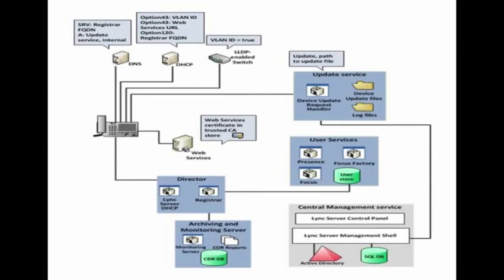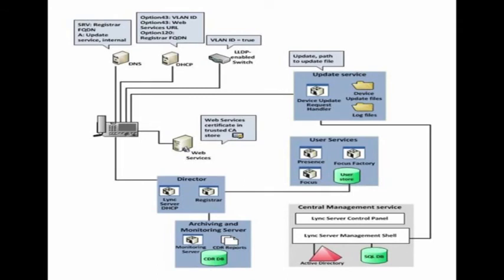Your DNS server also requires entries for your pool identifiers, so we have A records for your pool, for your servers in the pool. It also has a record that's used to identify where your clients have to connect to gain access to the device update services, which runs on your web services, out on your front-end servers, and your standard edition servers. With Microsoft Lync 2013, the device update services is used by the product for pushing out patches to your clients.